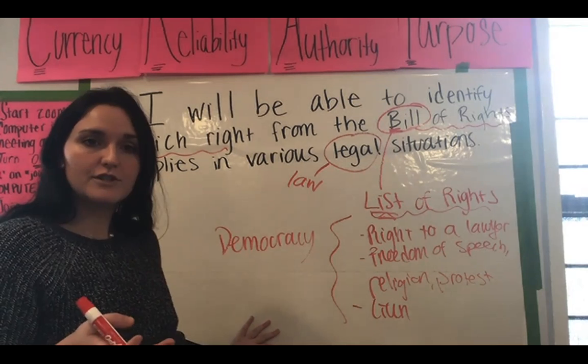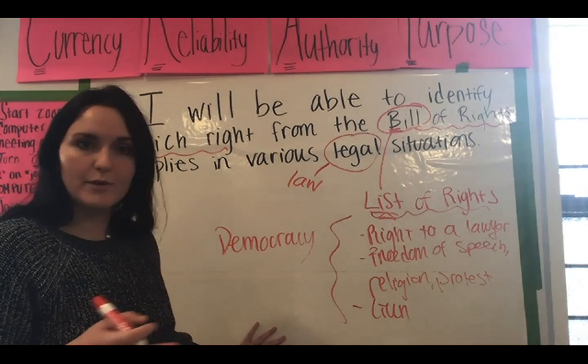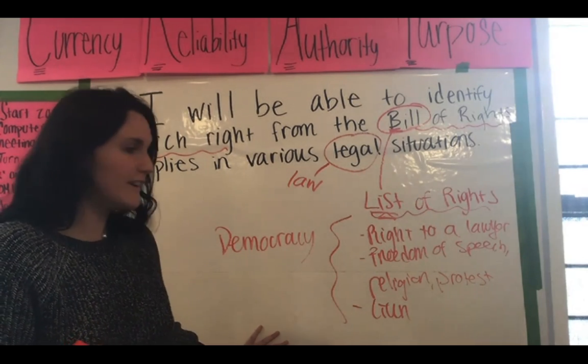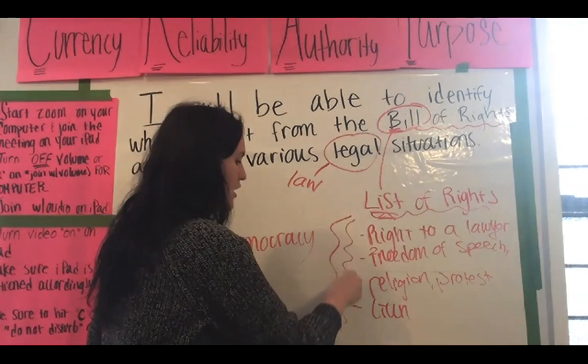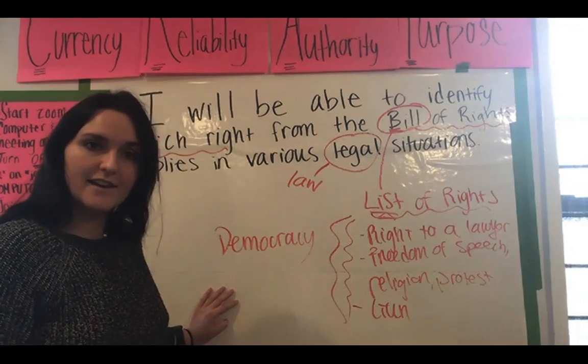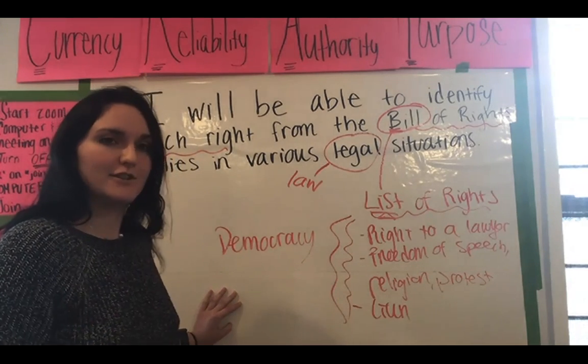And just like lawyers do, you're going to see clients, you're going to see people who have maybe some trouble with the law or they have a legal question, and you're going to figure out whether your clients, according to the Bill of Rights, have a case, have a right to do whatever they're asking to do.